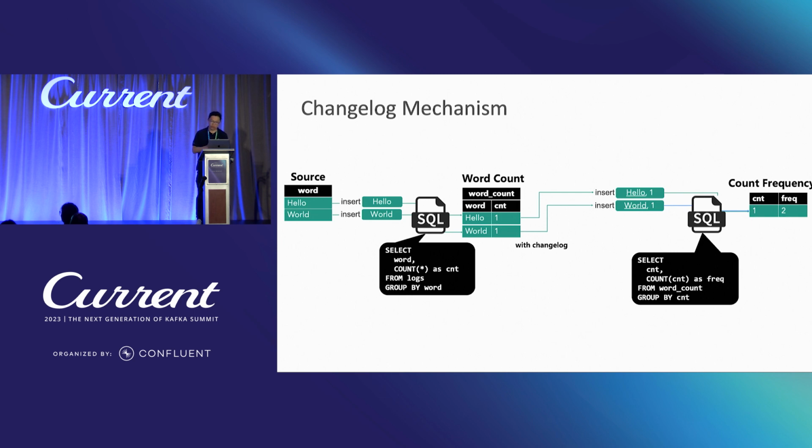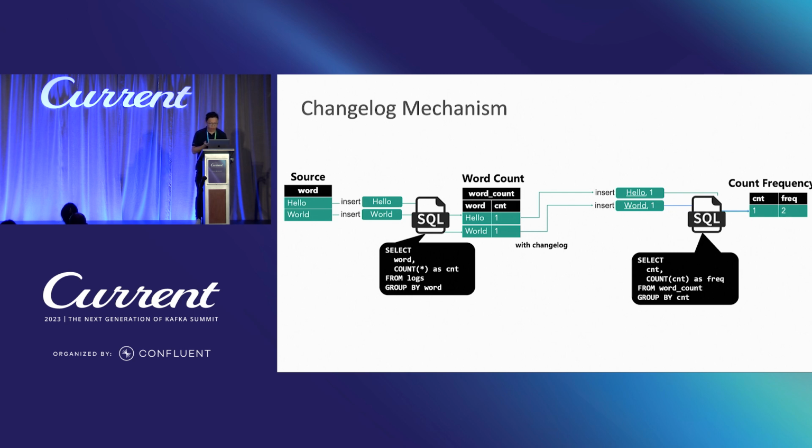Similarly, a changelog in Flink SQL is also used to record these data changes in order to achieve incremental data processing. With the changelog, every record has metadata representing the change operation of this row. It can be insert, update, or delete.